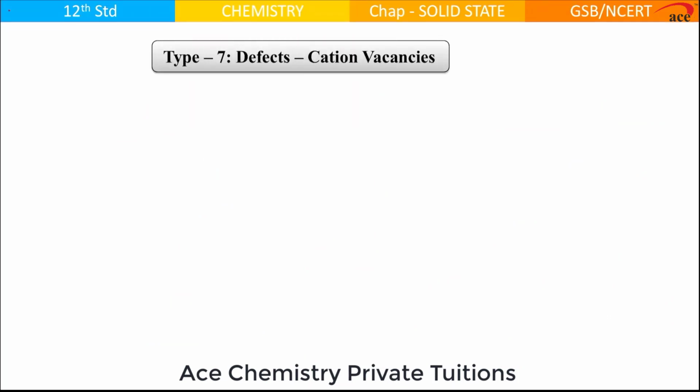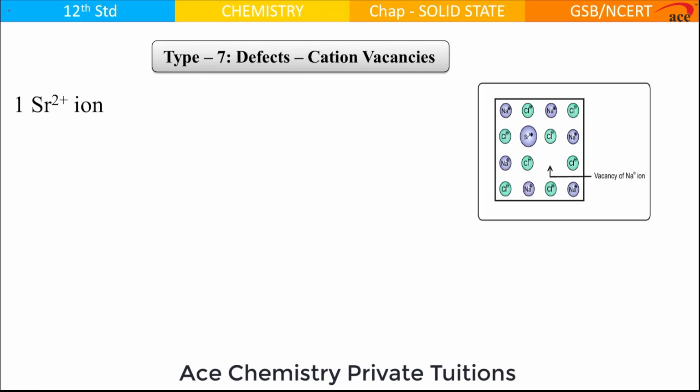So, we come to the numericals of cation vacancies. When one strontium ion enters into NaCl crystal, we are aware 2 Na plus ions are removed. Why?